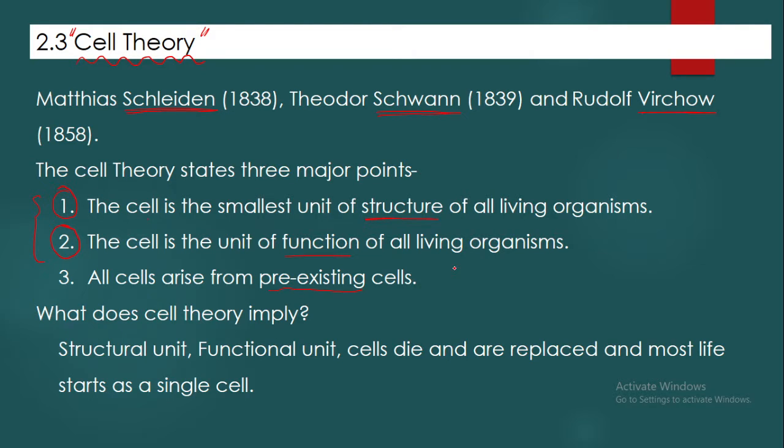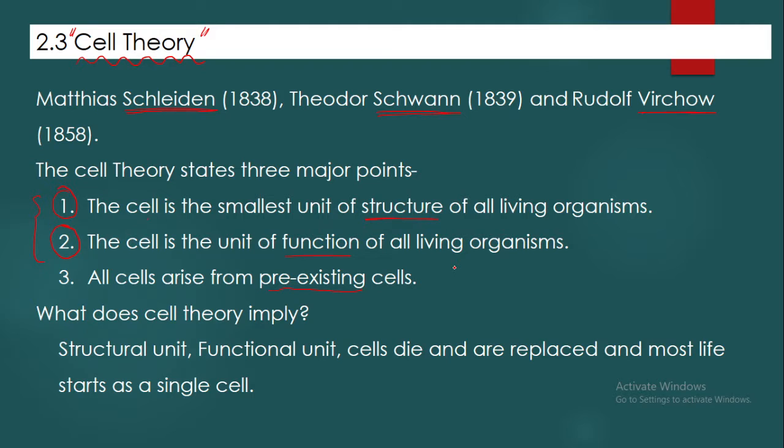So when the cells die, the younger cells grow up, and those younger cells divide into two parts and then form that part. So this is called the pre-existing chain. Okay, maybe we'll try to put it in simpler terms.